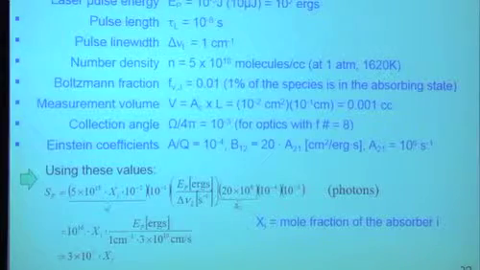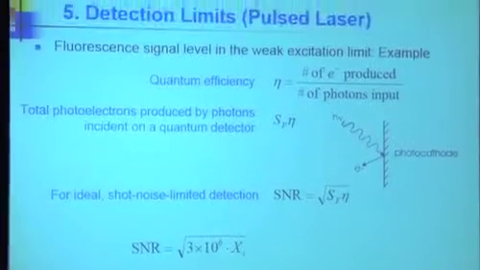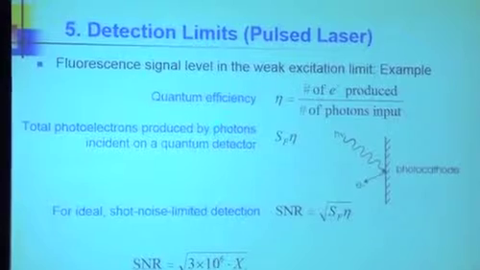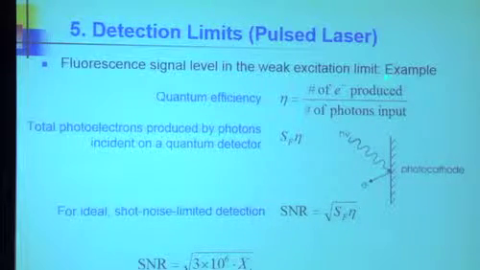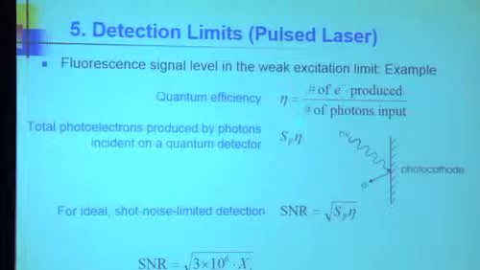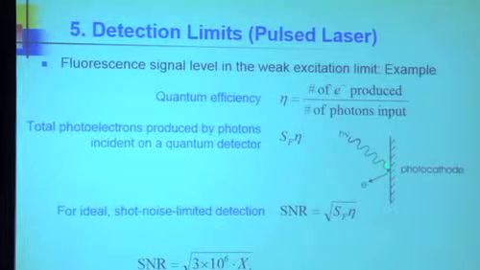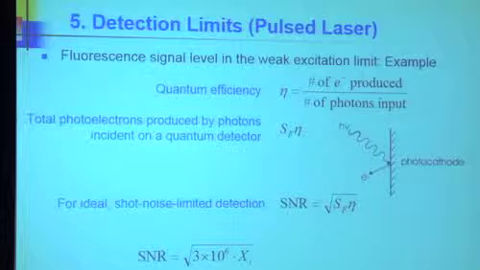I still haven't converted the photons to electrons. So now you have to introduce the quantum efficiency of converting the photons to photoelectrons. That's the number where the photons come in and you get an electron and you collect it.